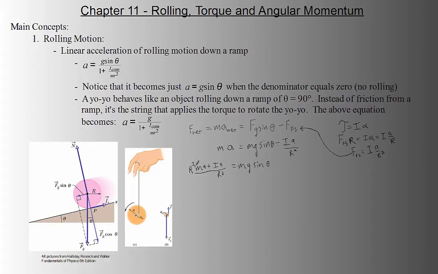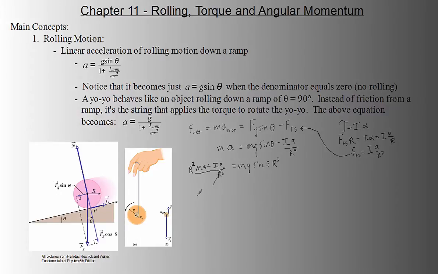Because when we separate it, this R squared and this R squared would cancel out and bring us back to the normal MA, right? So we can do that. Then we could multiply both sides by R squared, which is going to cancel this R squared. So let's just delete that.